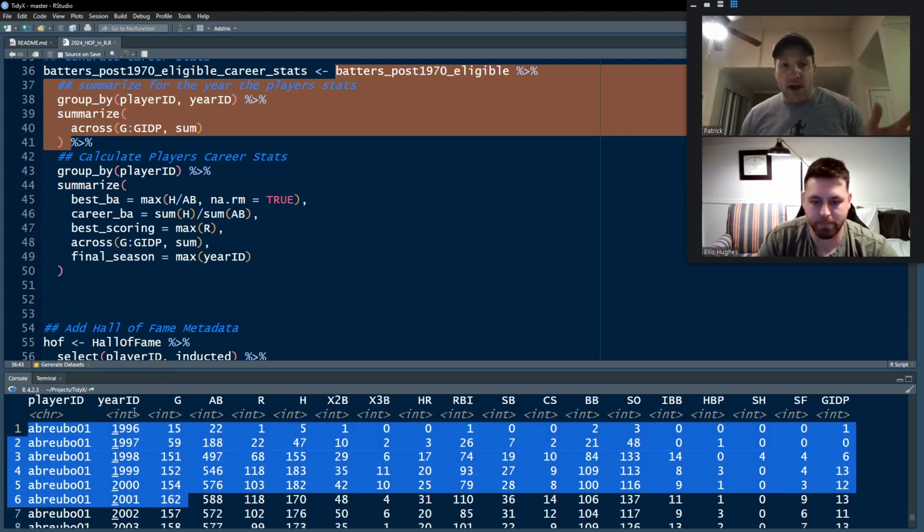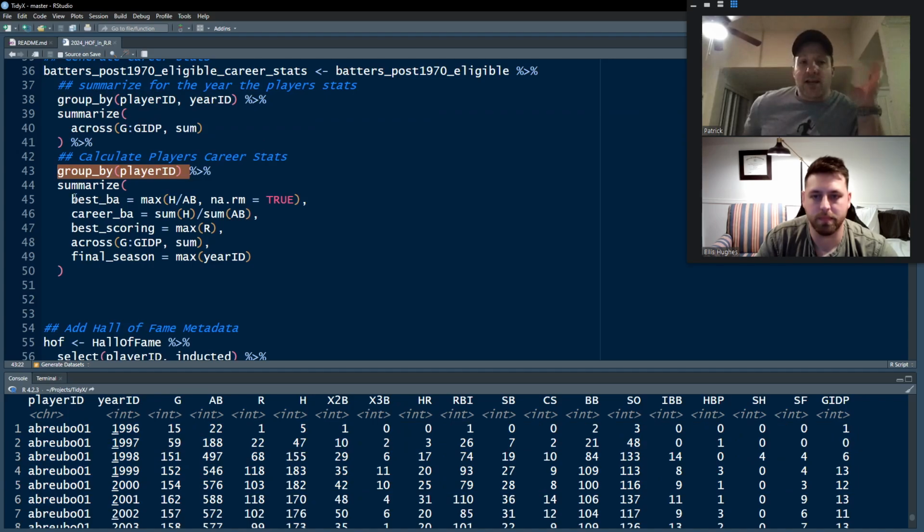So by player ID, we're going to first identify the best batting average year that they had, the max of hits over at-bats, their best season. Their career batting average, so the sum of all their hits over at-bats. Their best scoring season, which is the max of the runs that they created.